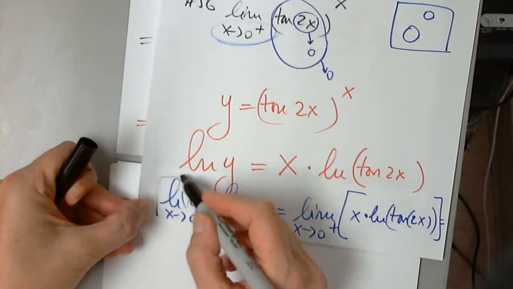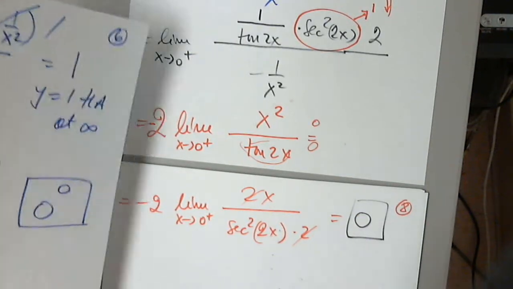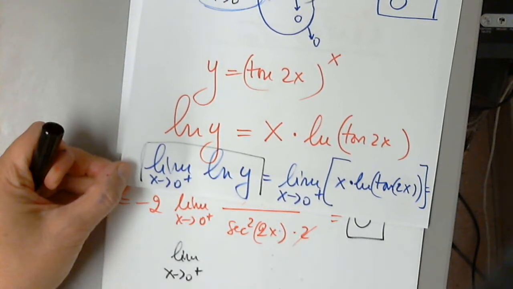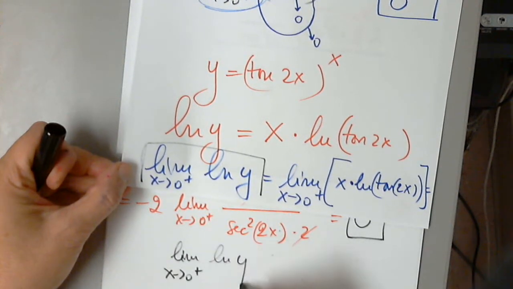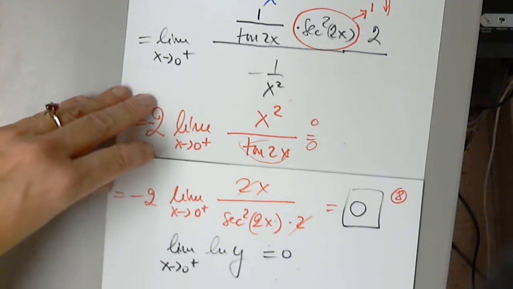Now I copy the starting point and I copy the last answer. So I claim now that the limit as x approaches 0 from the right of natural log y is 0. After all this work, the limit of the natural log is 0.